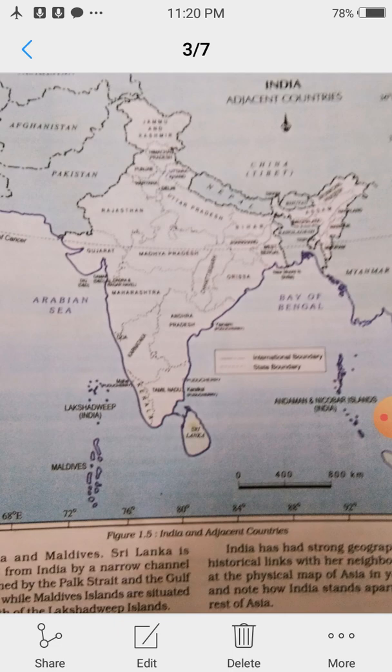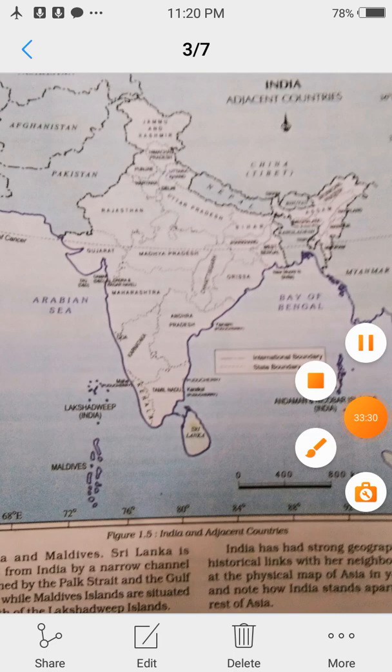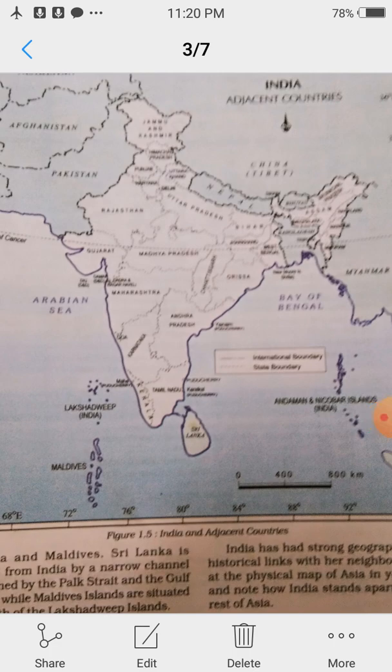Okay, then India shares its land boundaries with Pakistan, then Afghanistan in the northwest, then China and Tibet in the north, Nepal and Bhutan in the north, and Myanmar and Bangladesh in the east.